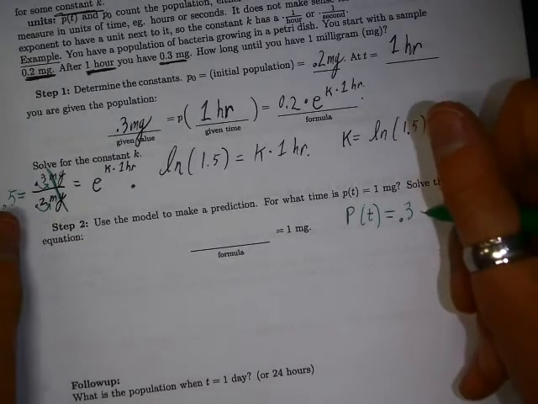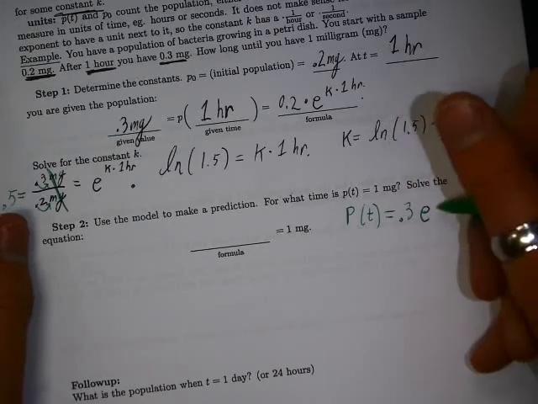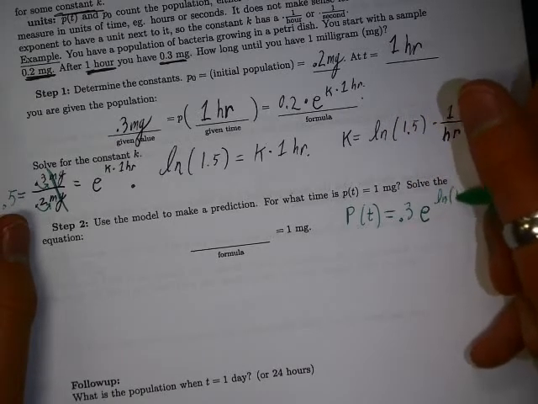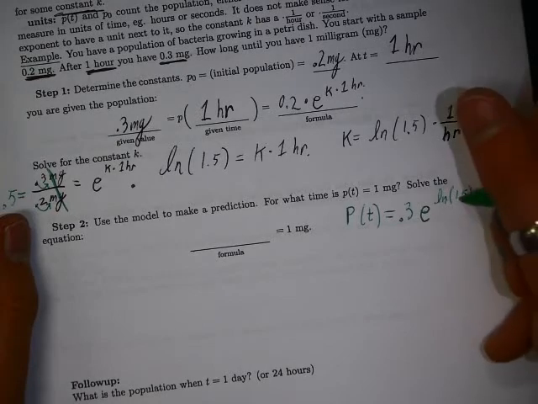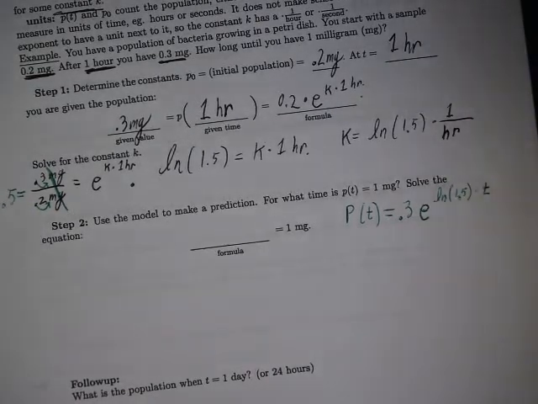It is 0.3 times e to the k, which is ln of 1.5, times time. The whole point of this original problem was to make a prediction about how long you would have to wait for the population to reach a total of 1 milligram.